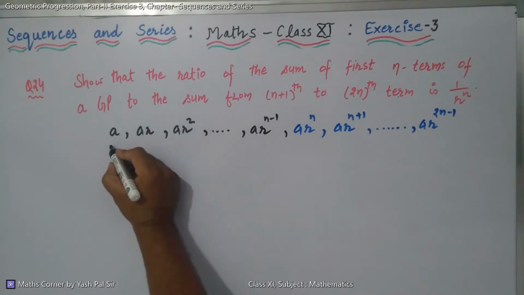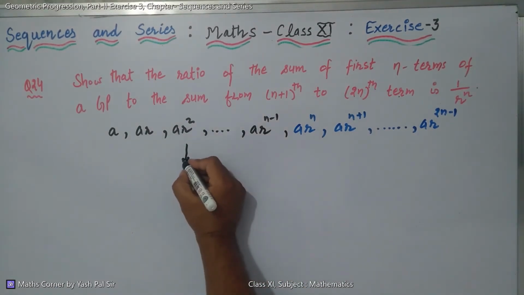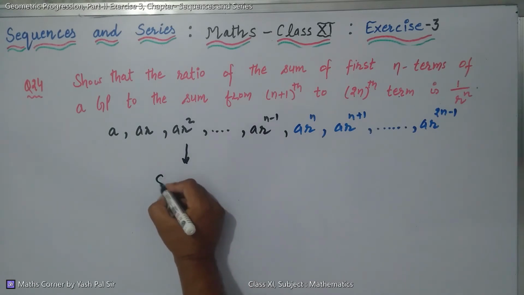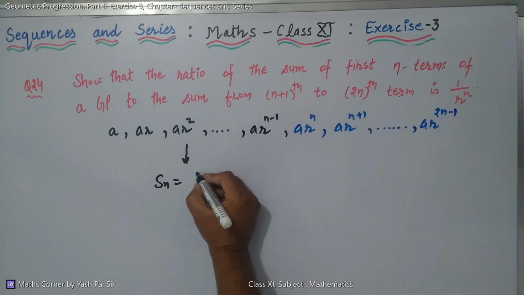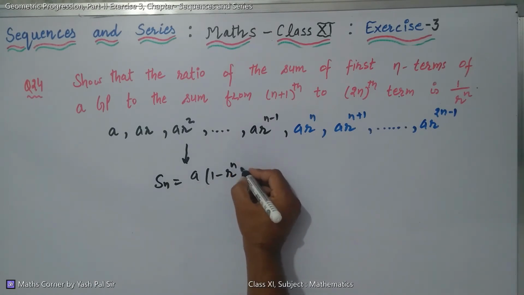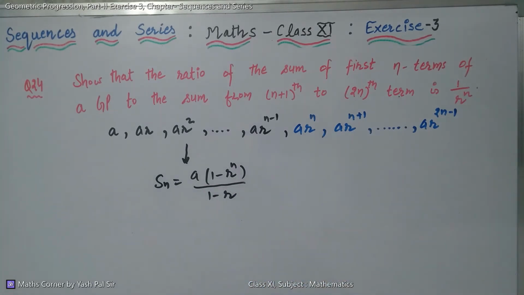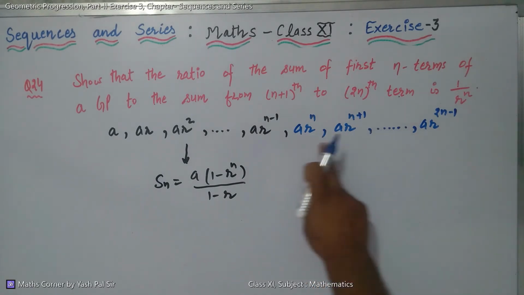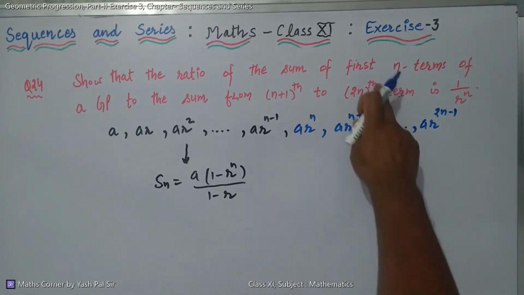Now what is the sum of the first n terms? This will be Sn is equal to A into 1 minus R raised to power n divided by 1 minus R. And what is the sum from n plus 1th term to 2nth term?